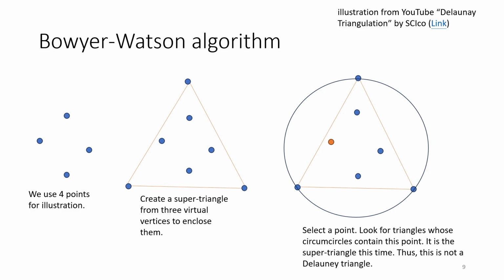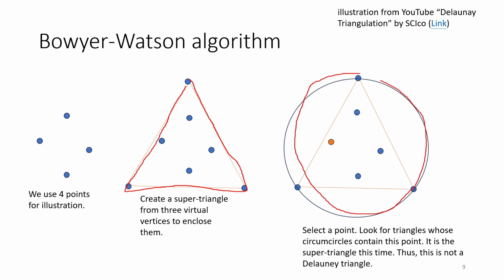The first step is let's create a virtual large super triangle like this one. It will enclose every given point. Then we create its second circle, this one. Of course, because it will cover those input data, this is not a Delaunay triangulation.